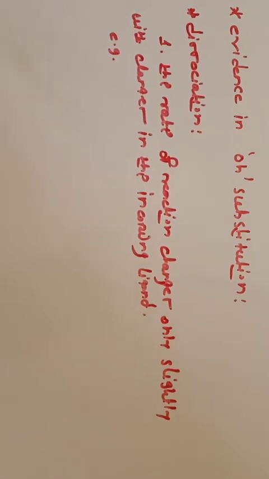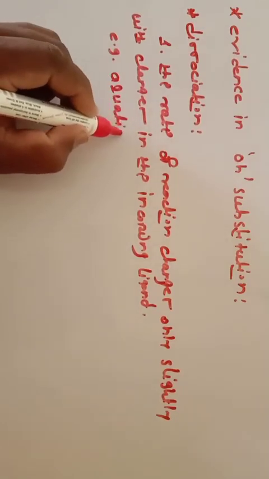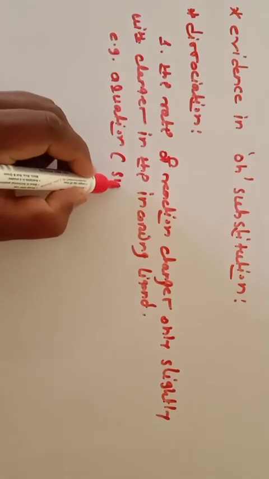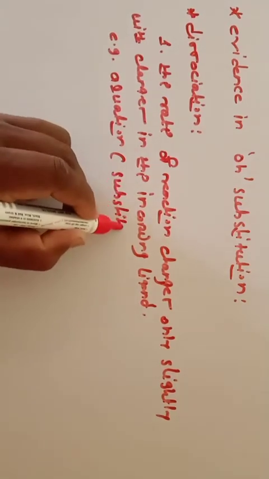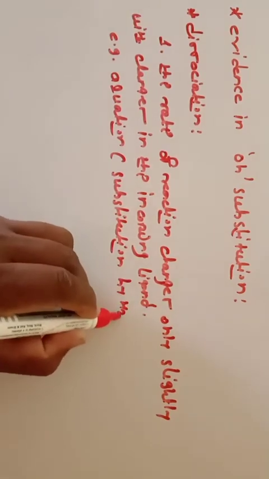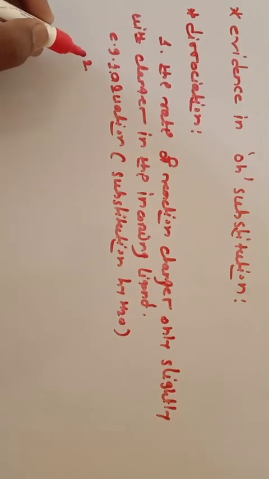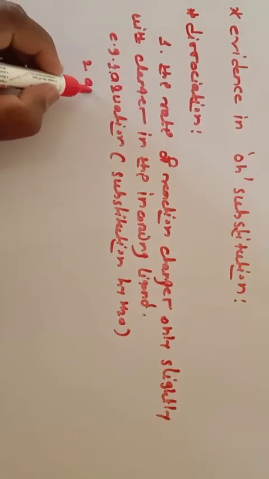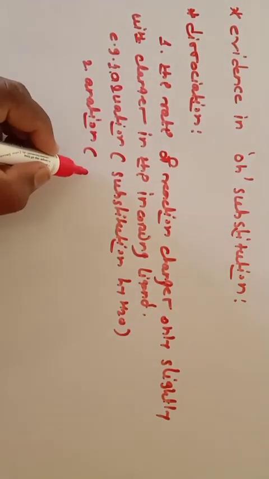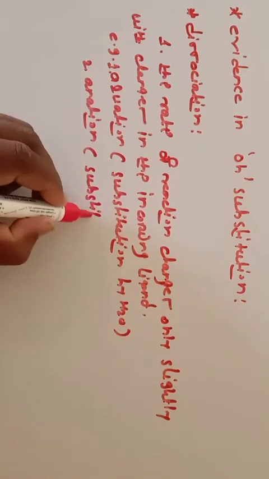For example, the aquation reaction. We are very much familiar: aquation means substitution by the water molecule, or water as a ligand. Aquation reaction, substitution by water. And second, the anation reaction. Anation reaction means substitution by anion, substitution by a negatively charged ligand.